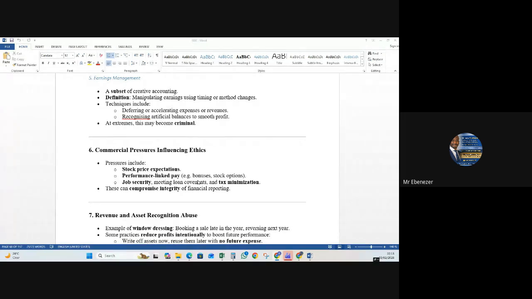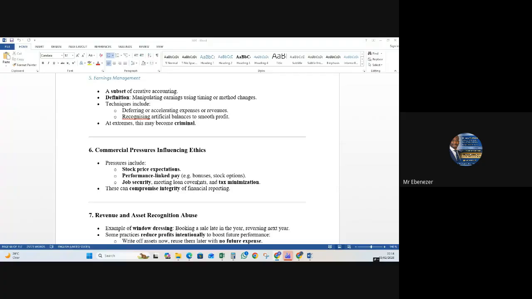Now, what are these pressures? Pressure can be from stock price expectation. You are expecting the price of your stock to increase, but now it has reduced. Then also it can be performance-linked, that is, your result will determine your bonus, and because of that, you are doing everything to make your account look like you made more money.